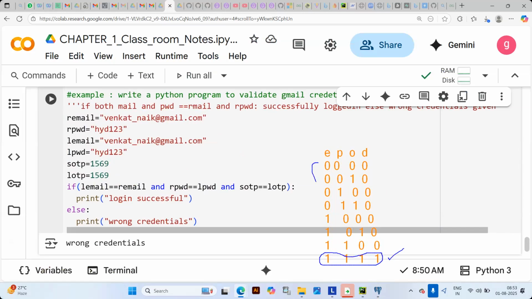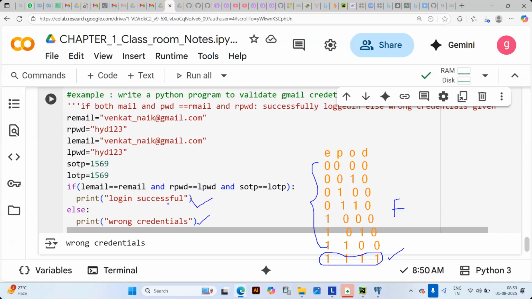Rest of all the permutations will become false, because this is the nature of the logical AND operator. All the conditions have to be true for the result to be true. If any one of them is false, then the result is false. So 2 to the power of 3, 8 possibilities, are the permutations and combinations.